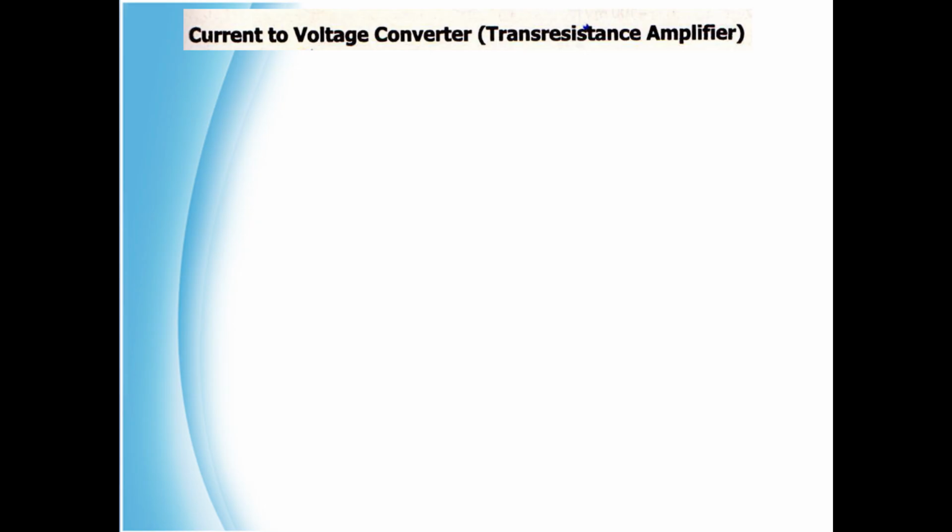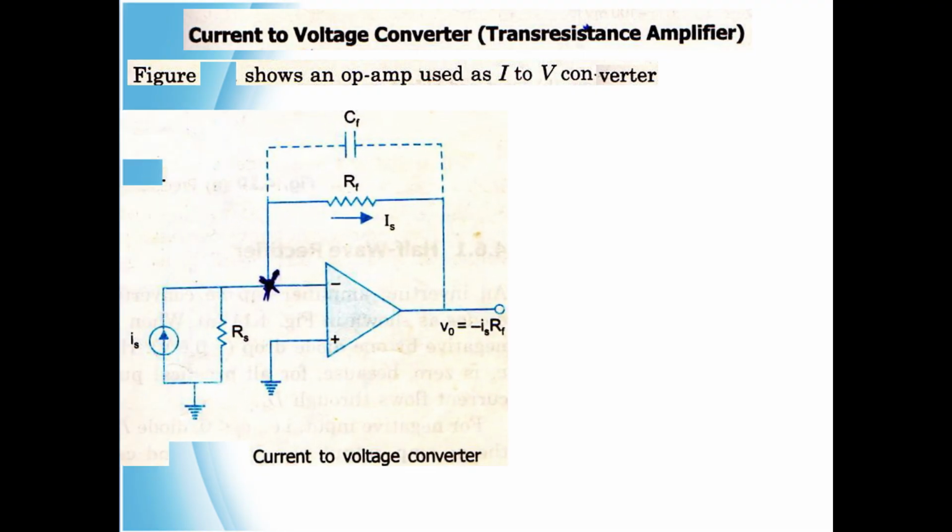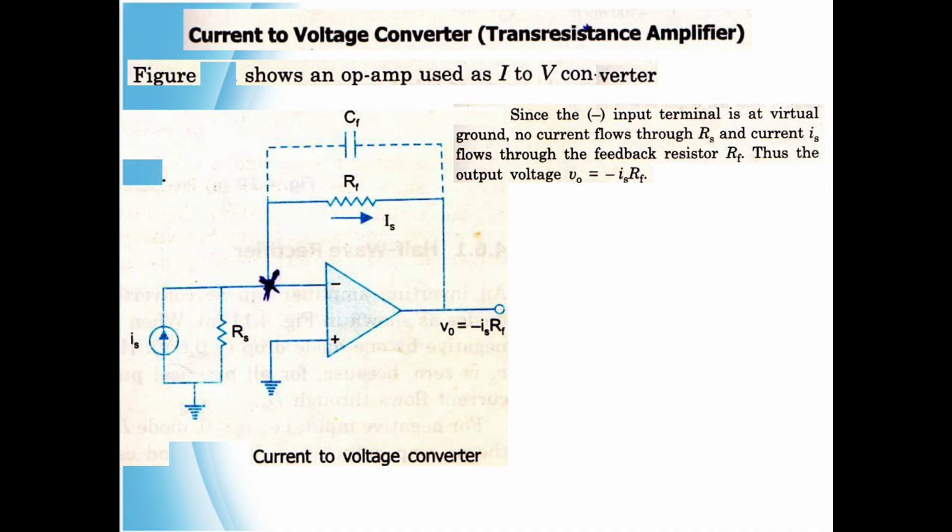It is also known as trans resistance amplifier. The figure shows an op amp used as I to V converter. So this is the current to voltage converter. Since the negative input terminal is at virtual ground, no current flows through RS, and current IS flows through the feedback resistor RF.